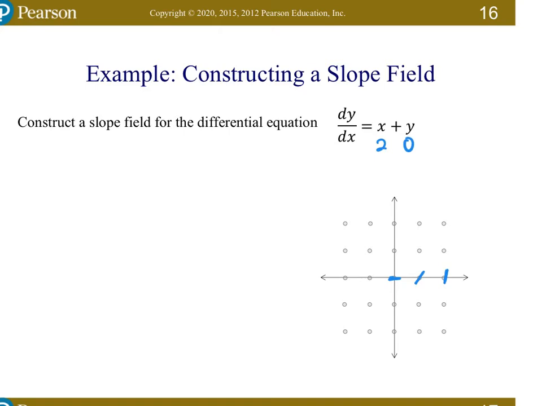Because it got steeper as I move to the right, this means it is concave up, positive, and getting steeper as it goes. At negative 1, 0, I'll have a negative 1 slope. And at negative 2, 0, again, showing positive concavity.